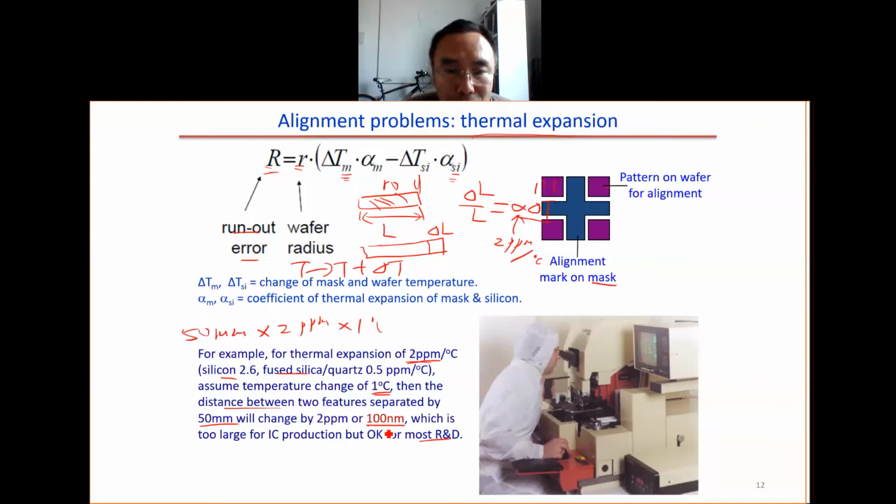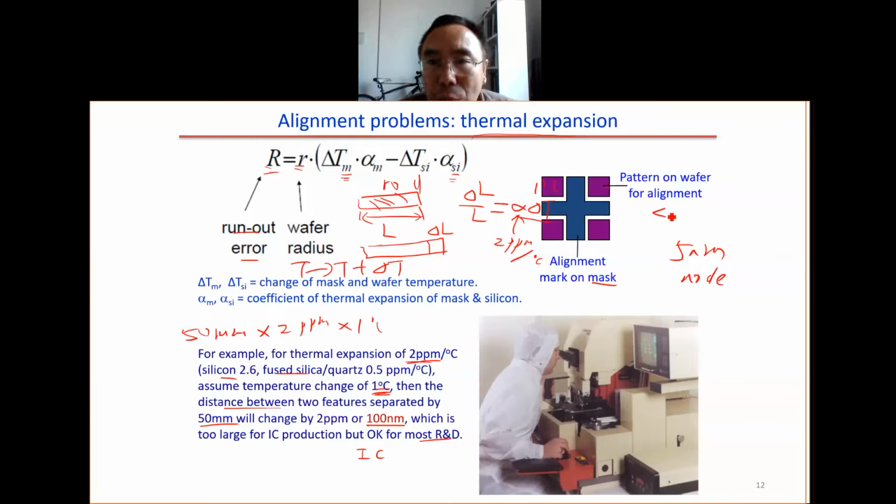But for production, for IC manufacturing, we know this is a big number. Nowadays, we have the 5 nanometer node for commercial production. This 100 nanometers is too much compared to the 5 nanometer feature size for IC manufacturing today. That means in the clean room environment, the temperature needs to be very, very stable.